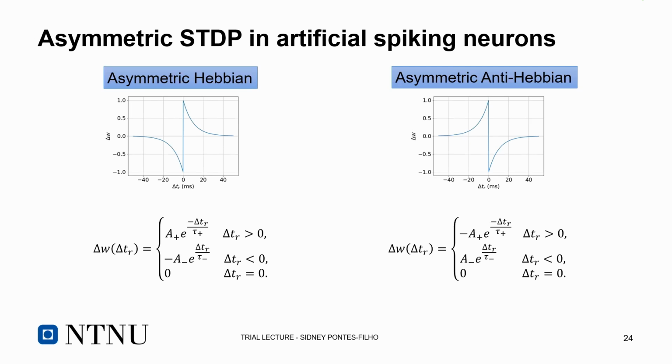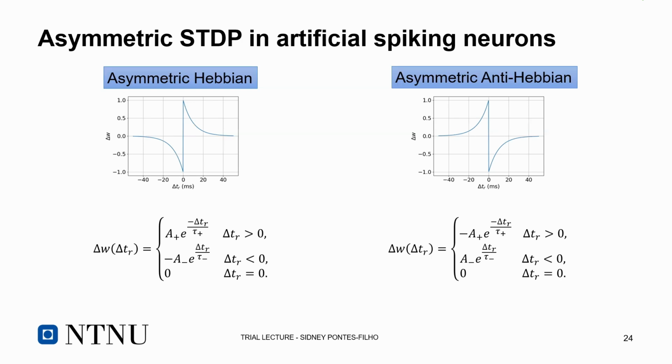So we have that formula, A plus with the exponential of minus delta T, that's the difference in the two spikes, over tau plus, which determines how this curve is going to be, whether the curvature is much smaller, or much bigger, going much further in delta T. A plus is related to the height of that curve in the positive area when delta T is greater than 0, and tau plus is just related to the curvature.